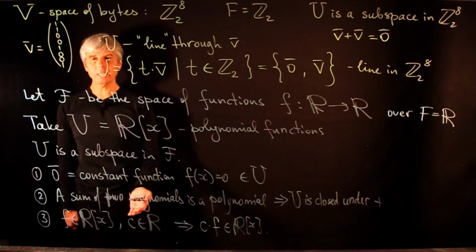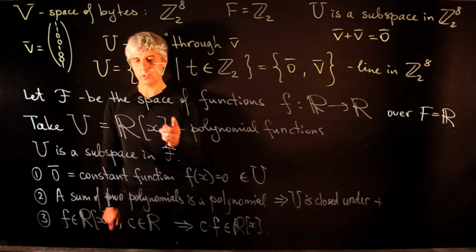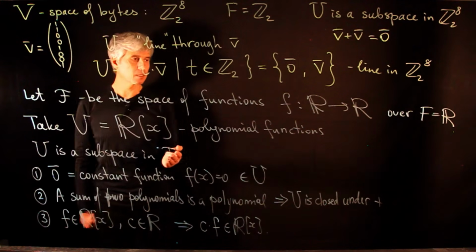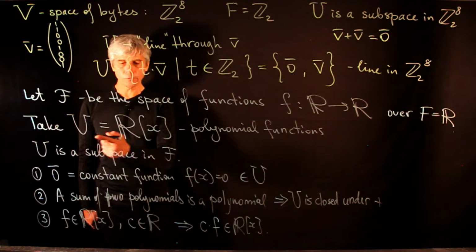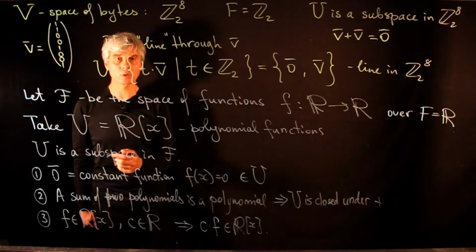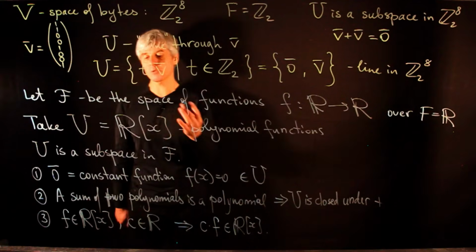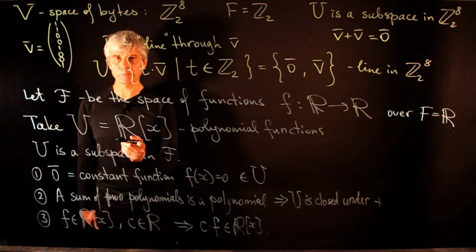So all three properties hold, and so the space of polynomials is a subspace in a vector space of all functions. And of course, this subspace does not coincide with the whole space, because there are functions that are not polynomials. So, for example, sine of x. It's a function from F, but not from this subspace.